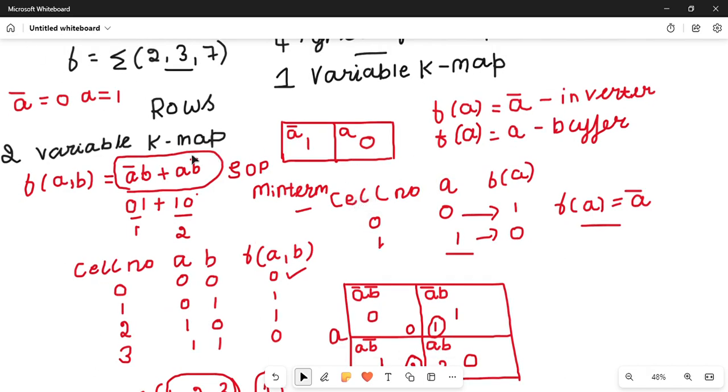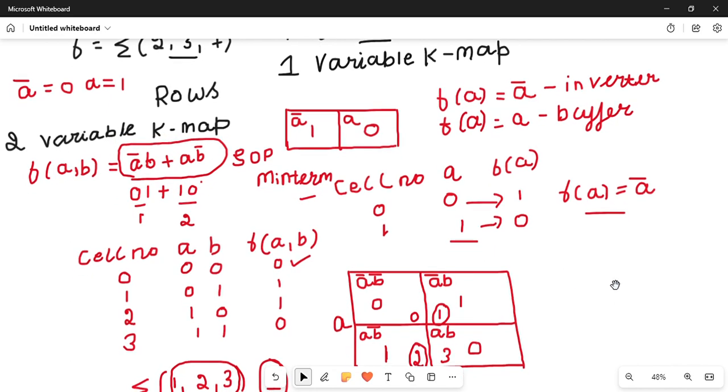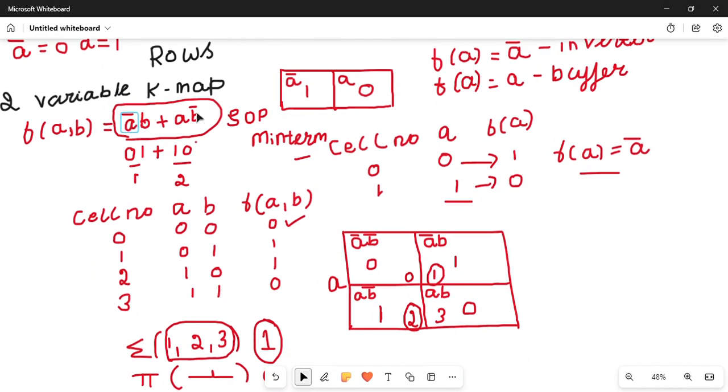Now if I consider the two variable K-map, I consider this example in terms of SOP form, and if I write it in terms of binary, a bar will be 0 and b will be 1, right? Here the inverter is written as 0 and the buffer is written as 1. These are binary values, and in decimal they are 1 and 2.